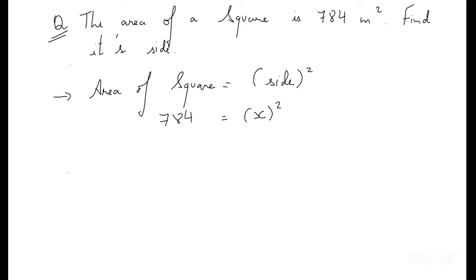Now, to find the value of x, the square will become the root: x is equal to root 784, where x is my side. Now solve this.